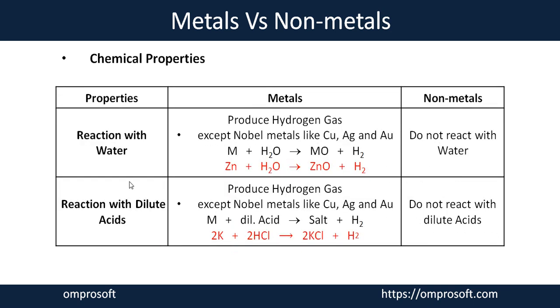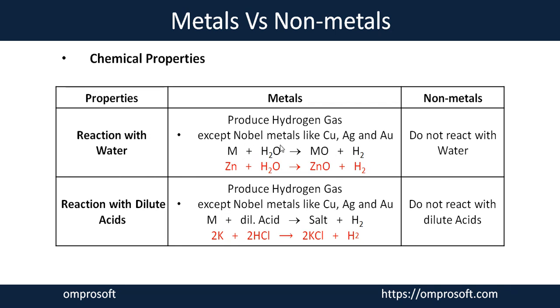Now other properties. Reaction with water. When metals react with water, they always produce hydrogen gas. Metal plus water forms metal oxide, and hydrogen gas is liberated during this reaction.